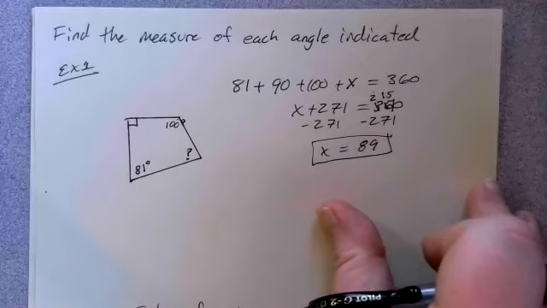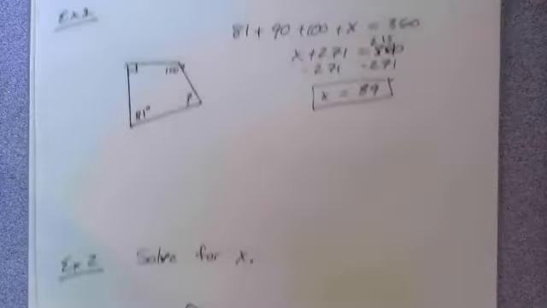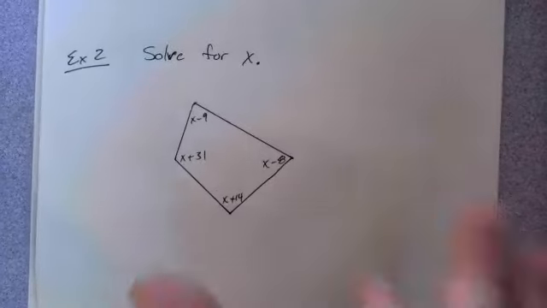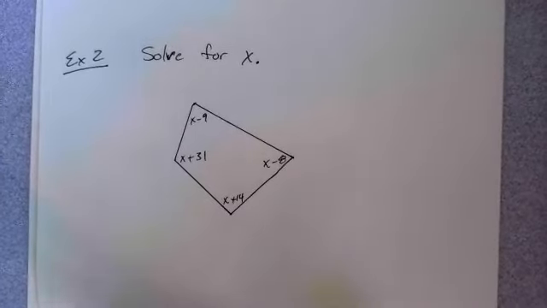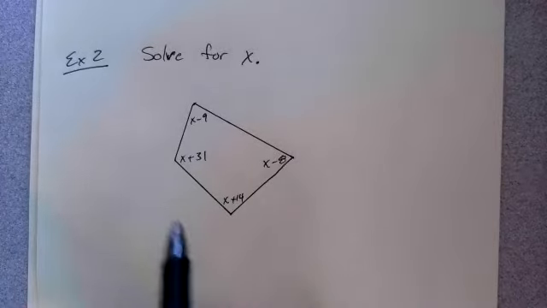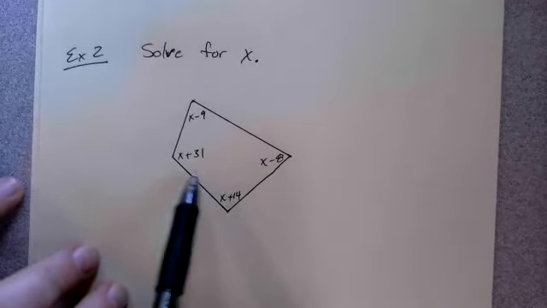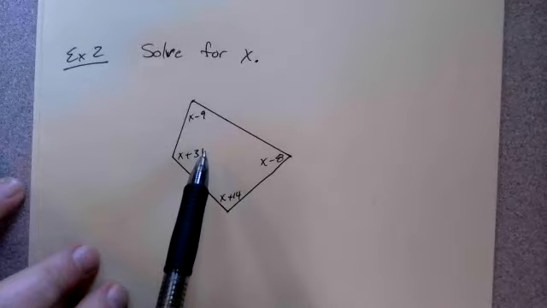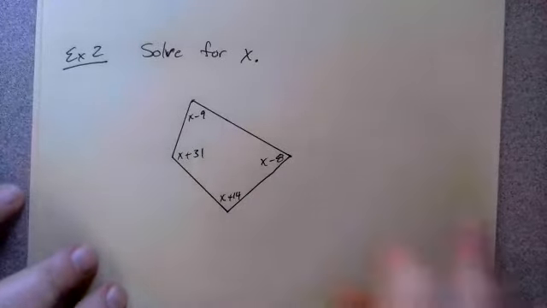Now, what happens if the angle measure is an expression? Let's take a look. Here, this is asking us to solve for x. I have 1, 2, 3, 4 angles. We know that this is a quadrilateral, and the angles of a quadrilateral all add up to 360 degrees.